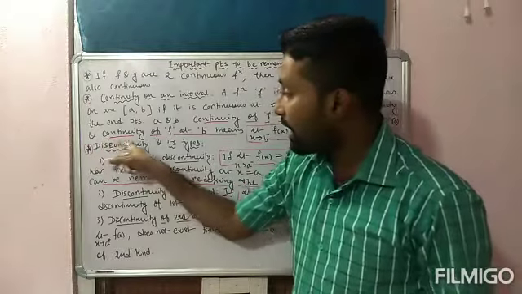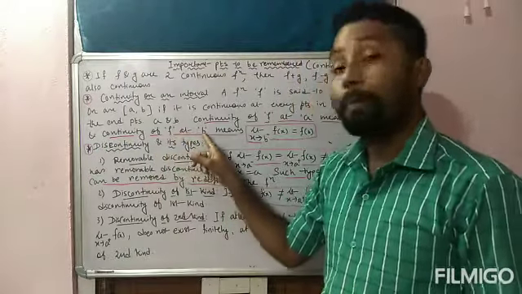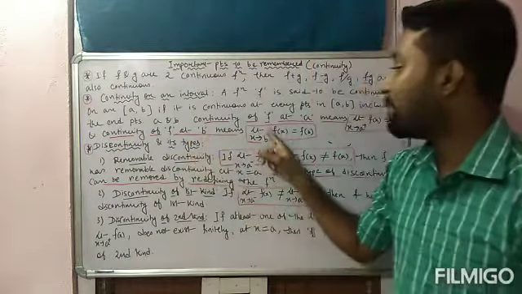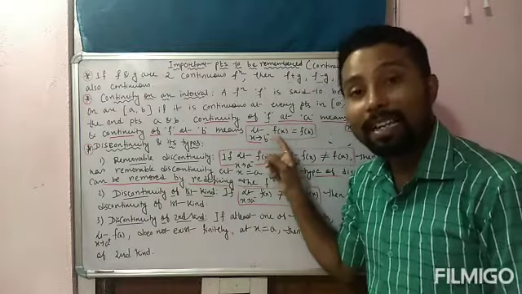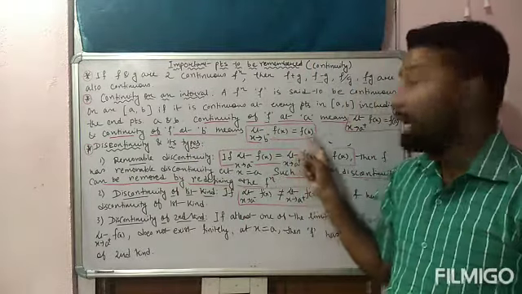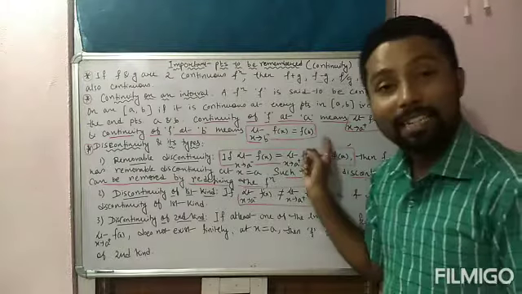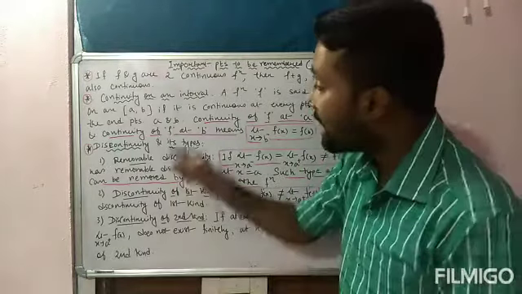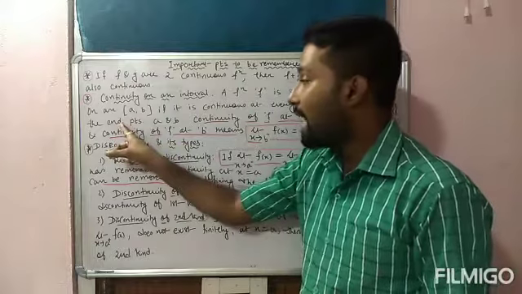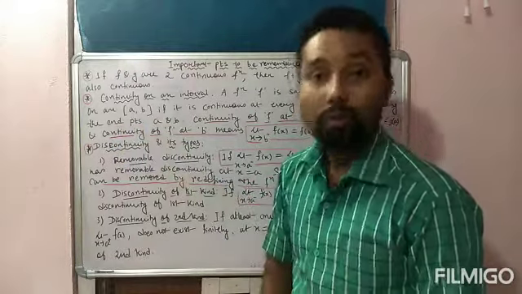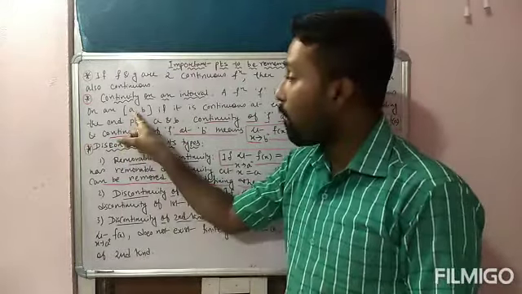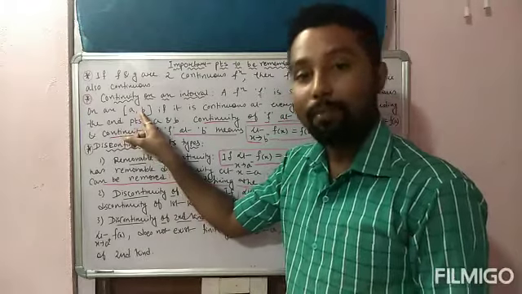And continuity of f at b means limit x tends to b power minus f of x is equal to f of b. If these two conditions are satisfied, then only we can say that the function is continuous at the two end points also, apart from the points which are lying between a and b.